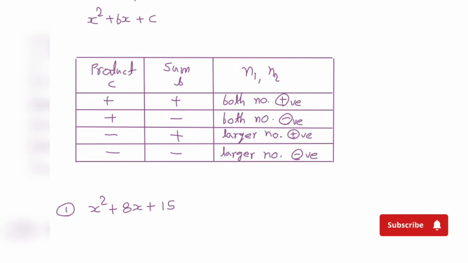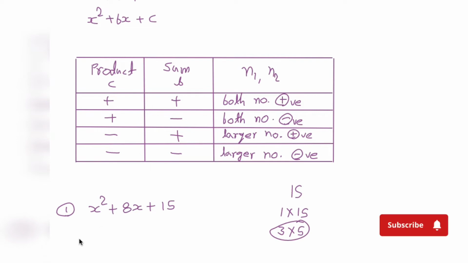We take factors of 15. 1 times 15 is 15, 3 times 5 is 15. Which pair has sum 8? 1 plus 15 is not, 3 plus 5 we get 8. So we choose this one.